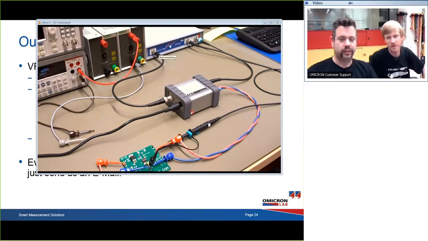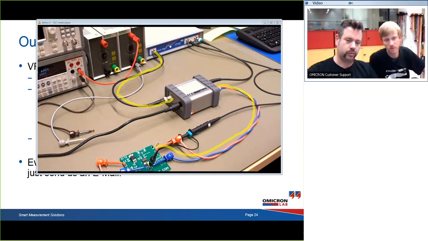Okay, so the output of the Bode 100 is connected to the oscillator, to the modulation input of the current injector, and the output of the current injector, which is the current sink, is connected to the output of our board.